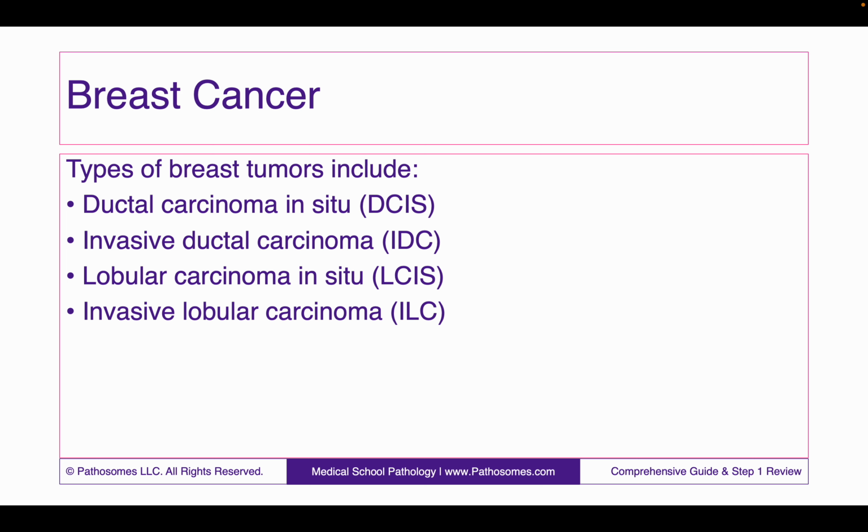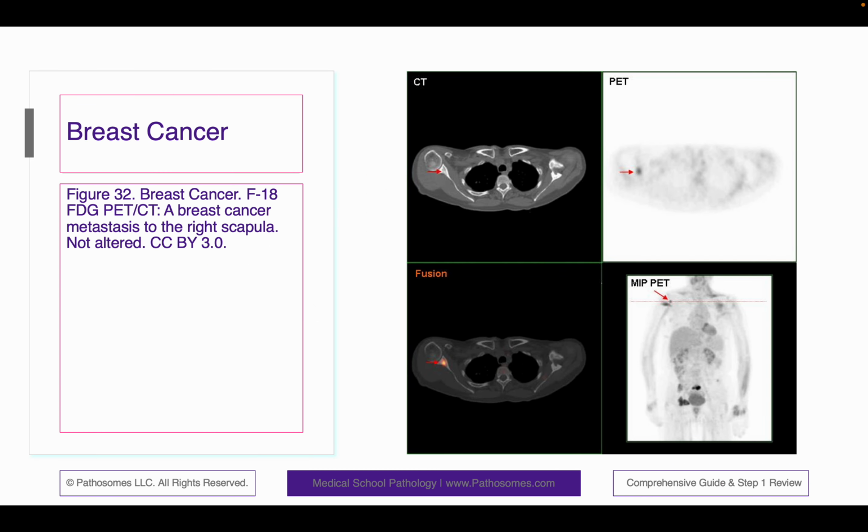The types of breast tumors that you should definitely know about include ductal carcinoma in situ, invasive ductal carcinoma, lobular carcinoma in situ, and invasive lobular carcinoma. Here we have a number of scans showcasing breast cancer and the metastasis to the right scapula.